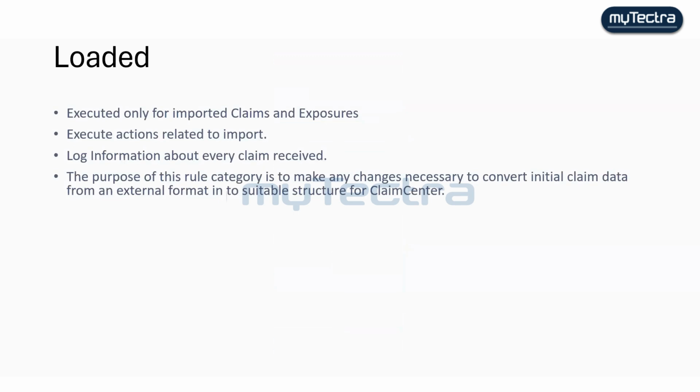Why do you need the loaded? Because the claim is coming from an external system. They may have different data. For example, you will have the claim loss date in one format, month, date, year. The external format may have date, month and year.